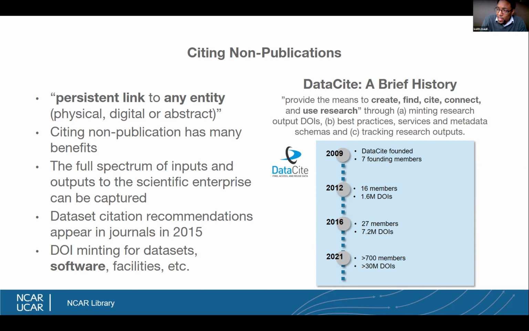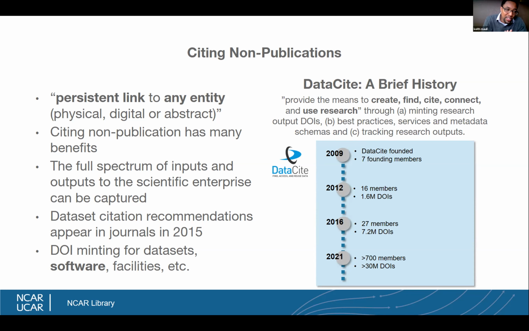This is something that, as we can see, DataCite has grown rather tremendously over the last 12 years. It started with 7 founding members, and now there are over 700 members with nearly 31 million DOIs minted to date.